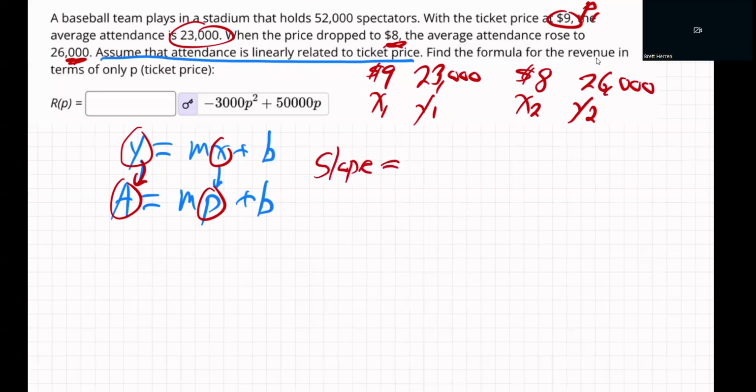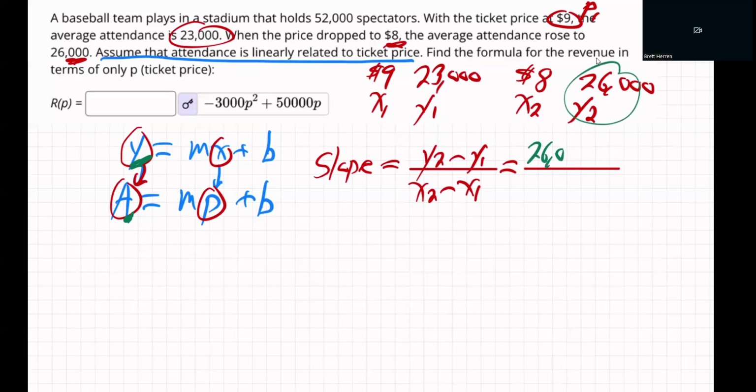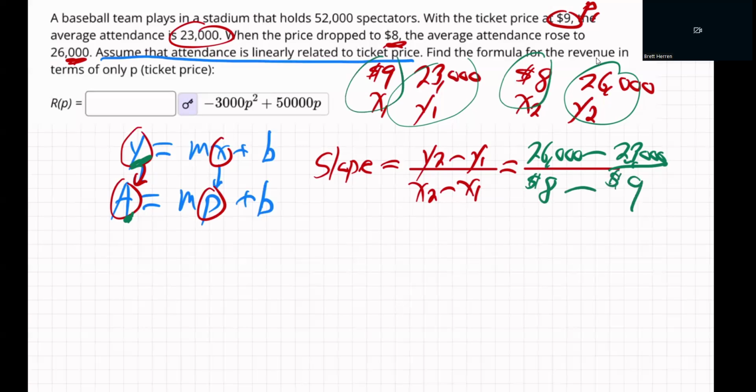So you know how to calculate slope. Slope is y2 minus y1 over x2 minus x1. Y is attendance, so let's go up and grab them. y2 is right there, minus y1 is right there, over x2, which is right there, $8, minus x1, $9.